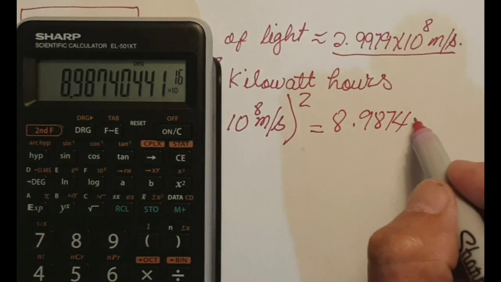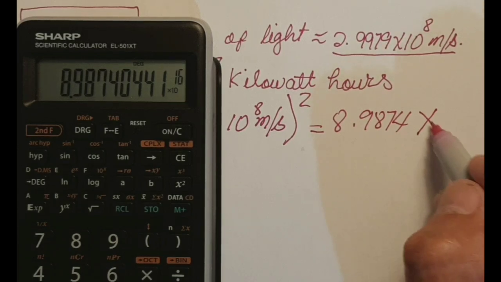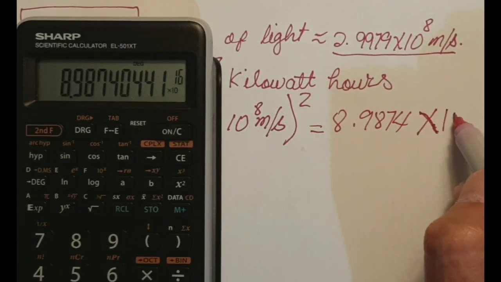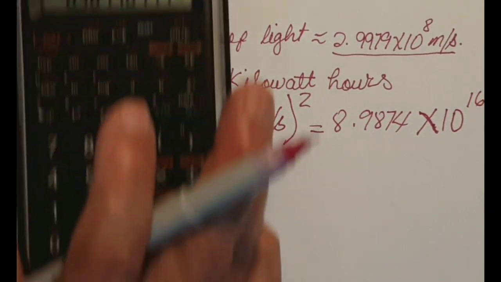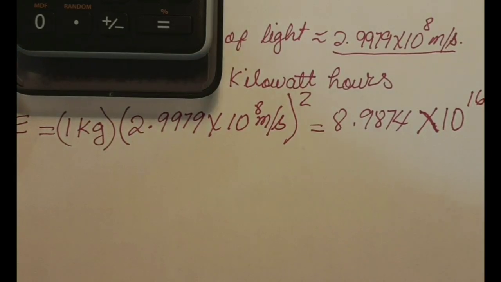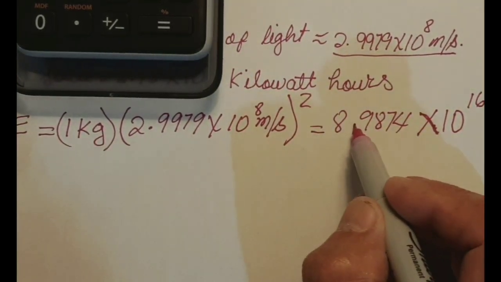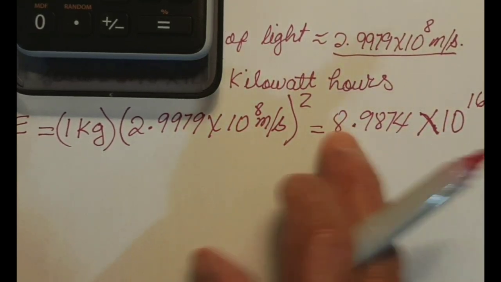8.9874 times 10 to the 16. Again, we have to use the trick that scientists do. This is the amount of energy in 1 kilogram of matter. But as I said before, what is the unit for this?